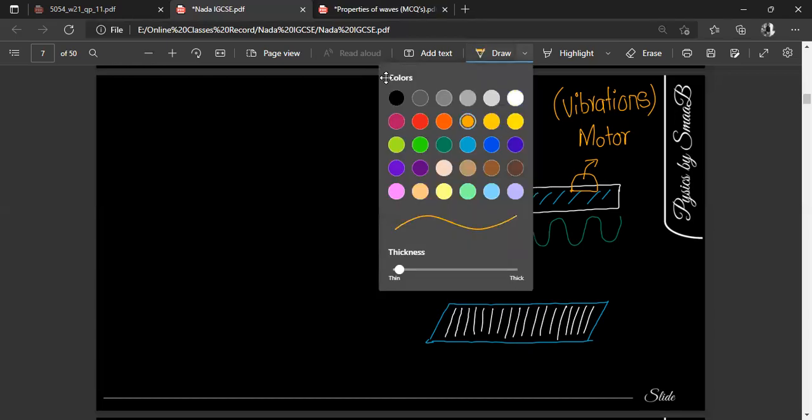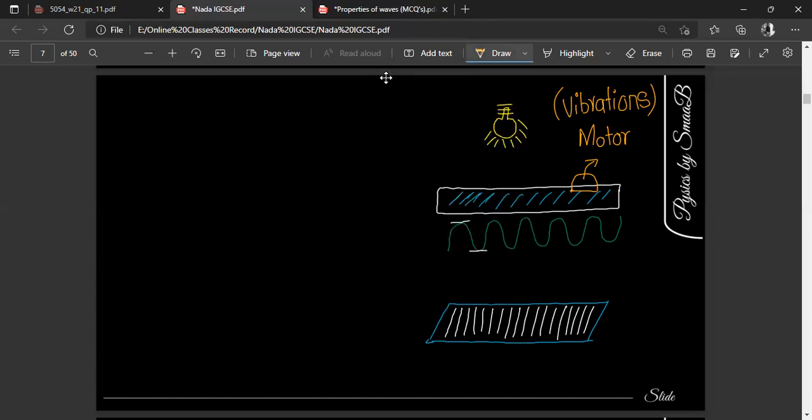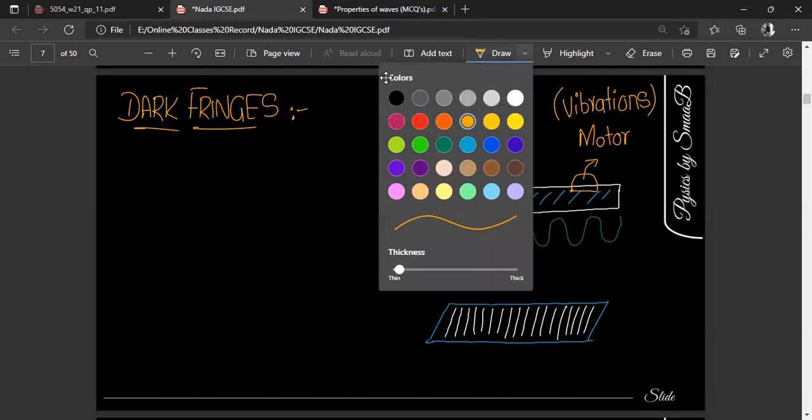So if we compare these dark and bright fringes, what do dark fringes actually represent? The trough. The trough, okay, because the trough is the lower part of the wave, so it casts a complete shadow.